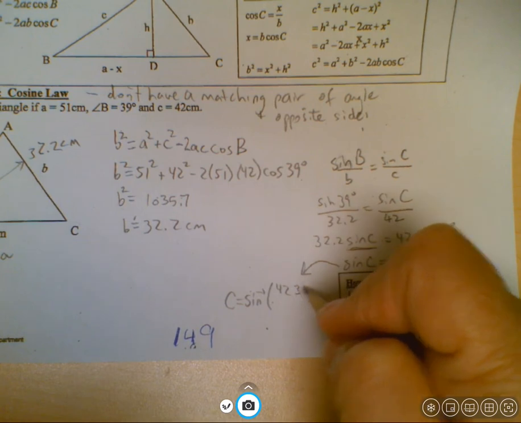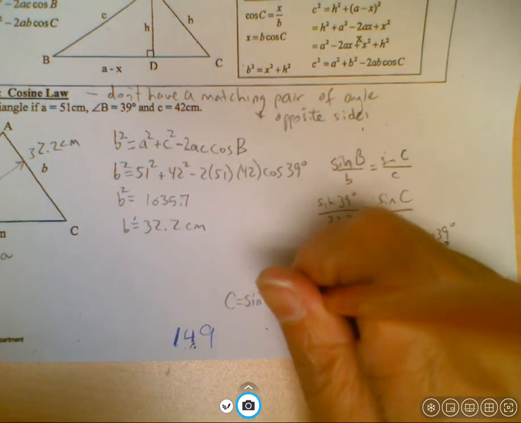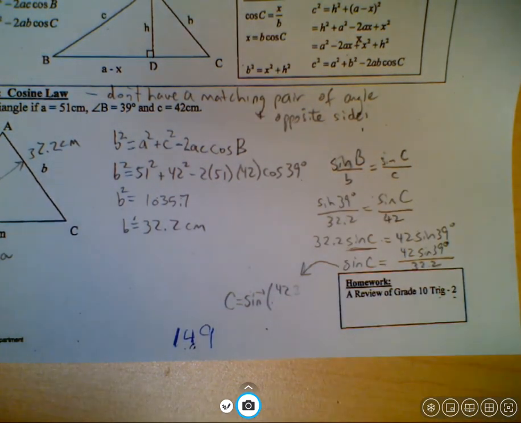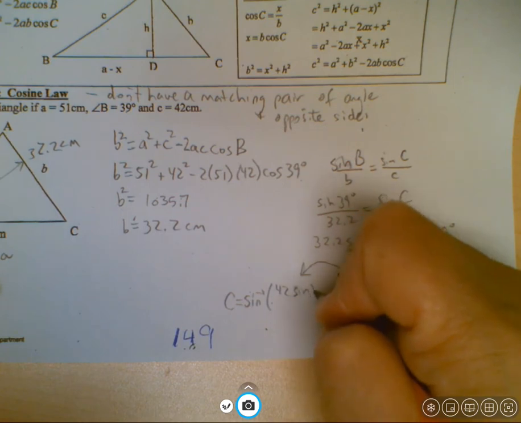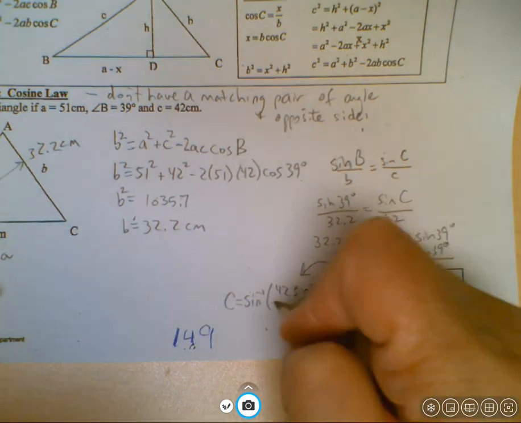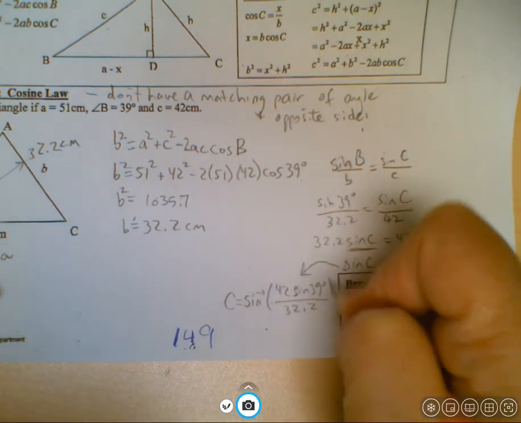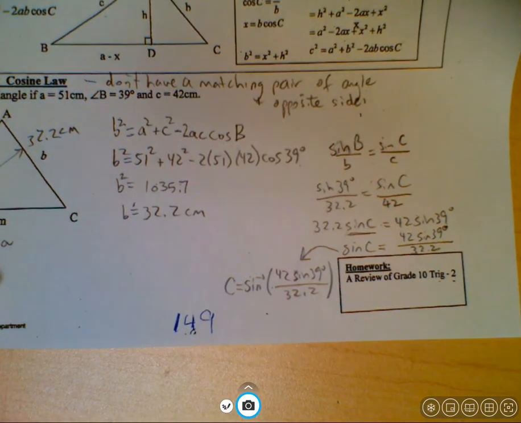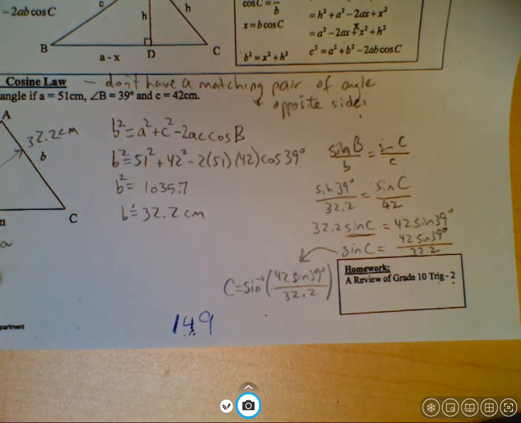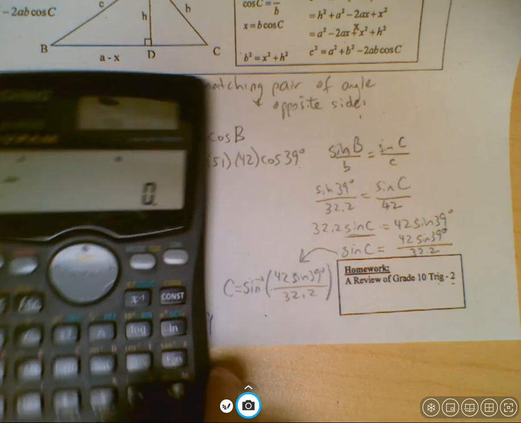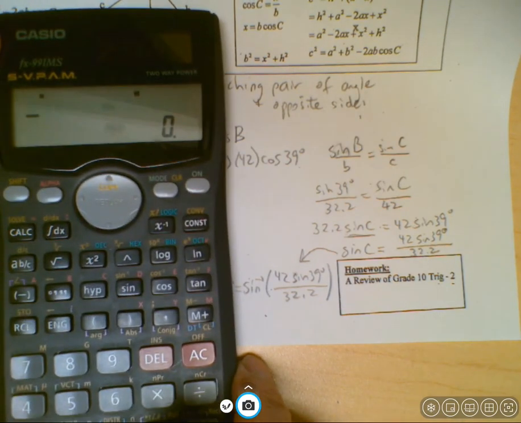42 sine 39 over 32.2. Okay, and you can put all of that into the calculator at once if you want to. I'm actually going to use the answer button.